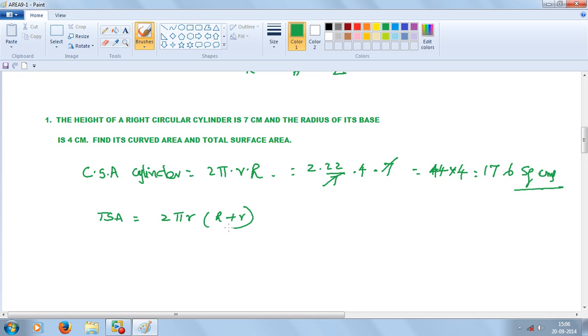That is the total surface area is equal to 2 multiplied by 22 by 7 multiplied by radius is 4 centimeters, height is 7 centimeters plus 4. If you multiply 2 multiplied by 22, it is 44, divided by 7 multiplied by 4 multiplied by 7 plus 4 is 11.